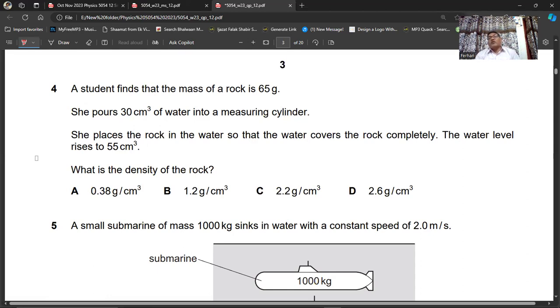The mass of the rock is given, 65 gram. We can find the volume of the rock from the measuring cylinder's readings. V2 is 55 centimeter cube with the rock in the water, and with no rock, V1 is 30 centimeter cube. If you subtract V1 from V2, you will get the volume of the rock.